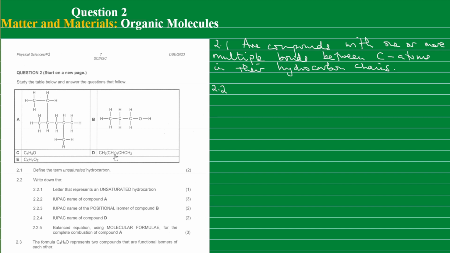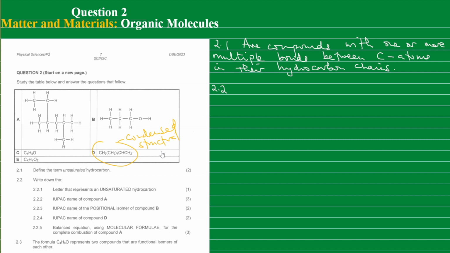CH3, then bracket CH2, CH2. So what you might need to do here is to draw this one in the form of a structural formula.